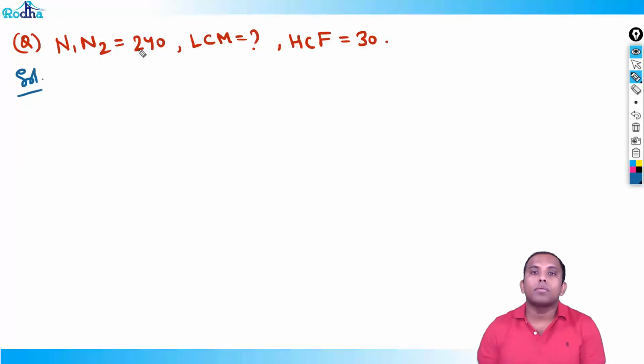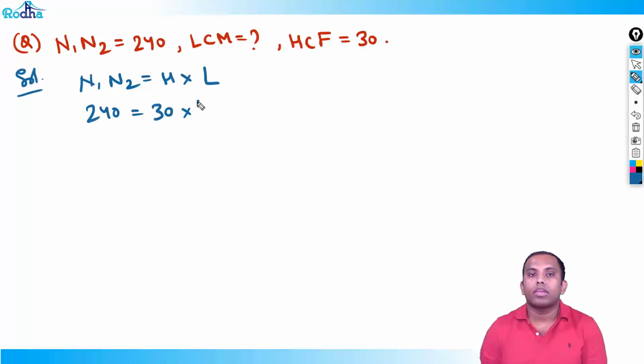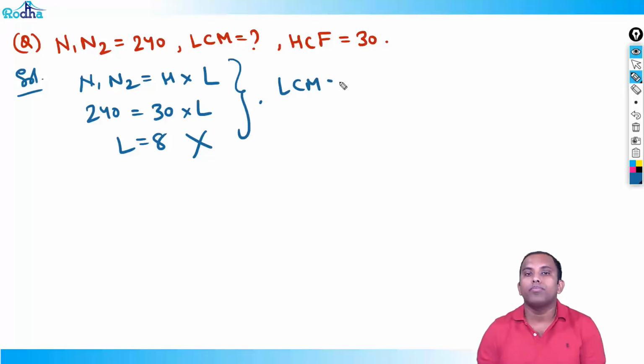You can simply apply the formula here, but this question has something extra, because if you apply the formula, it will be wrong. n1 into n2 is equal to HCF into LCM. This is 240, this is 30, so you get LCM as 8. But it is wrong. Why? Because LCM will always be greater than or equal to HCF.